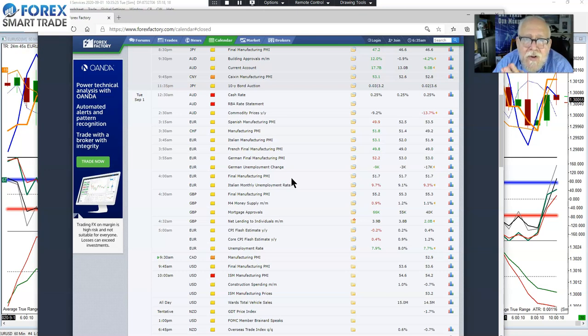Our indicators aren't good at predicting that, nor are we good at predicting how the news is going to impact things. So we take a look at the news feed from forexfactory.com, and it breaks things down into three categories. Yellow is low impact, orange is medium impact, and red is high impact.